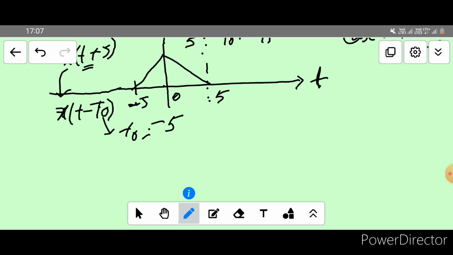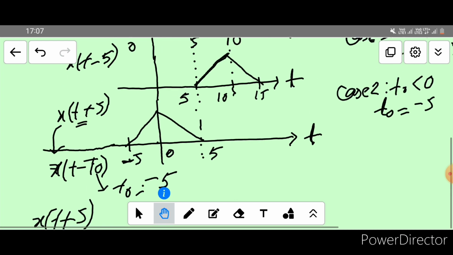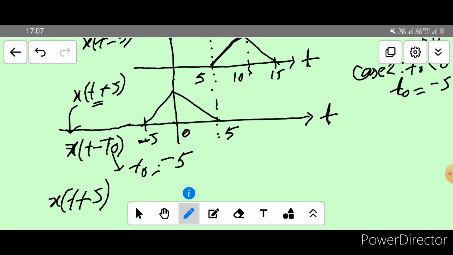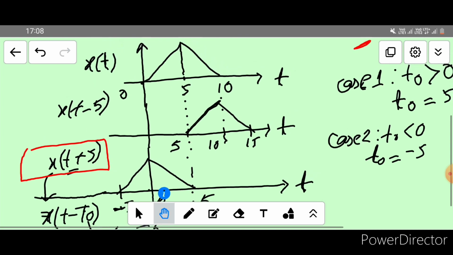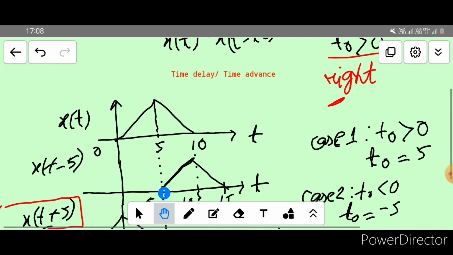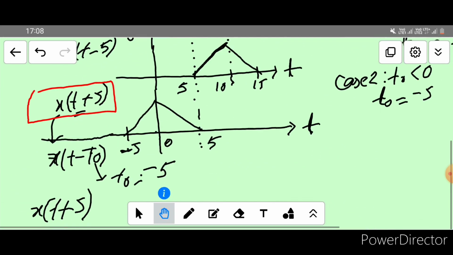So minus minus plus, so it will be x(t) plus 5. So I hope you understood how this came as x(t) plus 5. Okay, so this is all about the time shifting of continuous time signal.